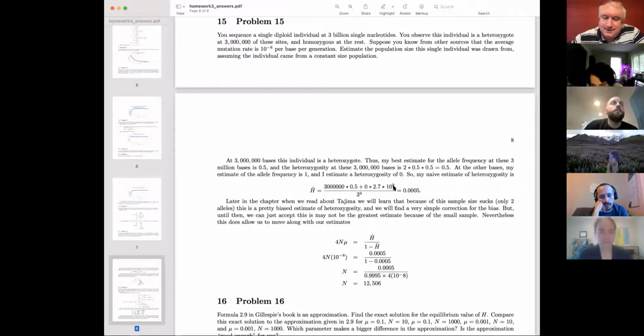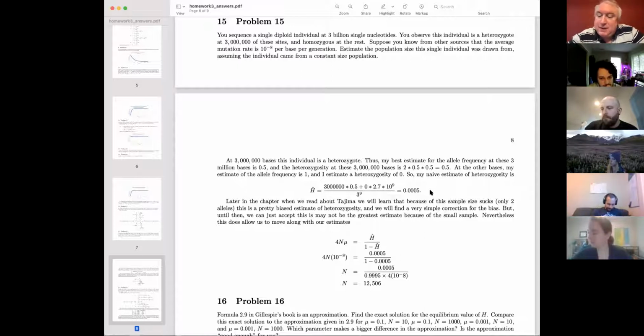Can you repeat why you were able to estimate the first 1/2, so the frequency at the 3 million? So I've got a single individual. My individual has 2 alleles. One of those alleles is, we'll say, A1. The other allele is, say, A2. Half of the alleles are A1. Half of the alleles are A2.